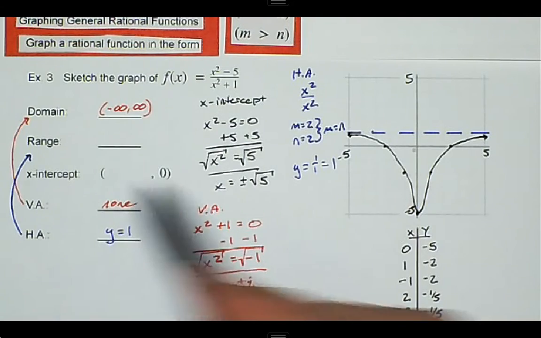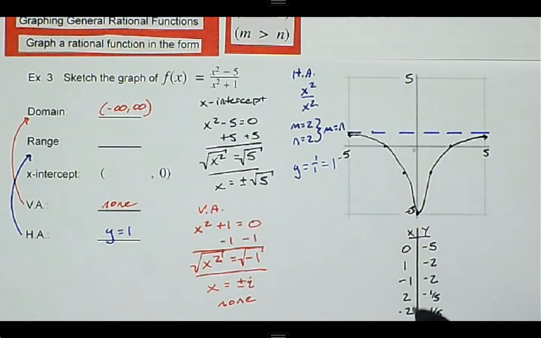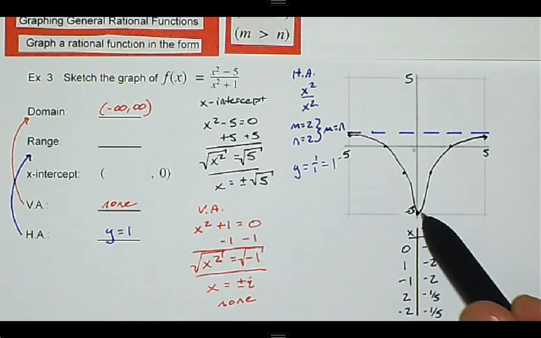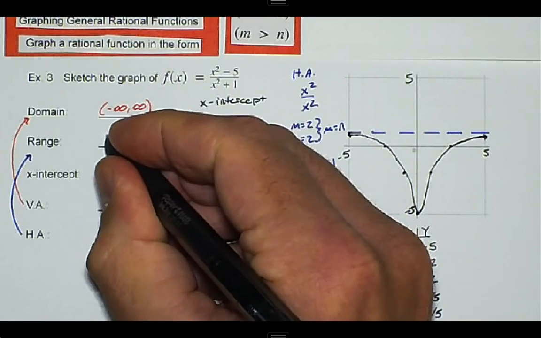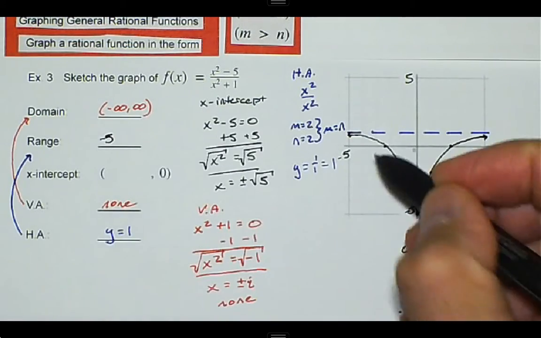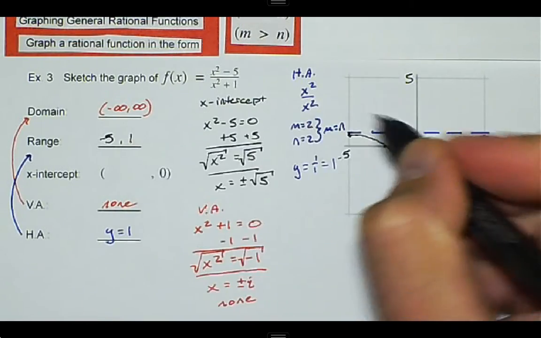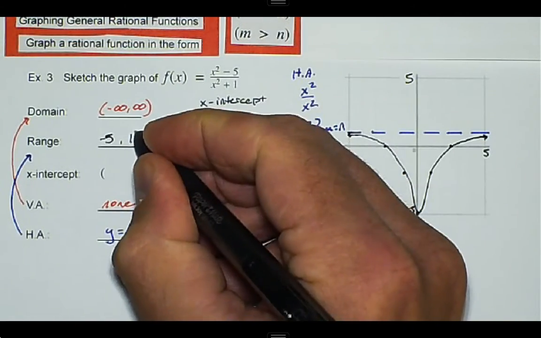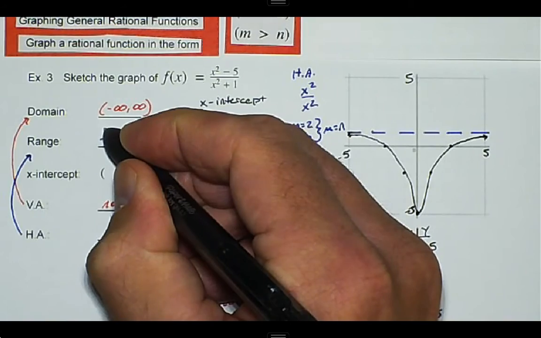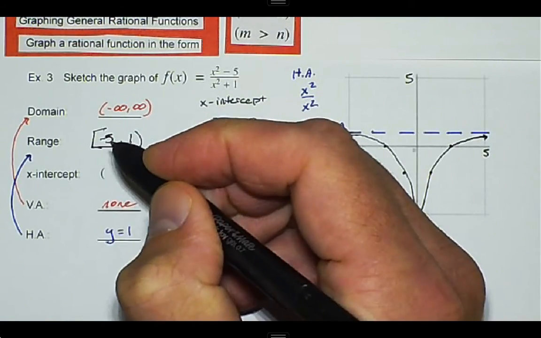Now, when we're looking at our range, we don't start at negative infinity. We actually start at -5. And we go all the way to 1. We don't touch 1, so 1 gets a parenthesis, and -5 is included, so that gets a bracket.